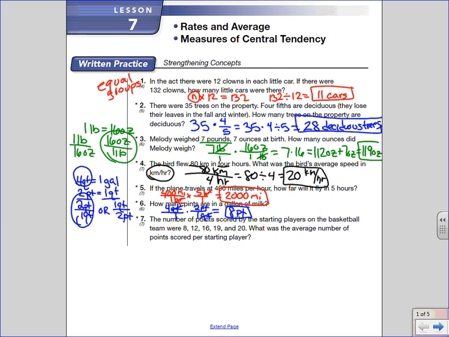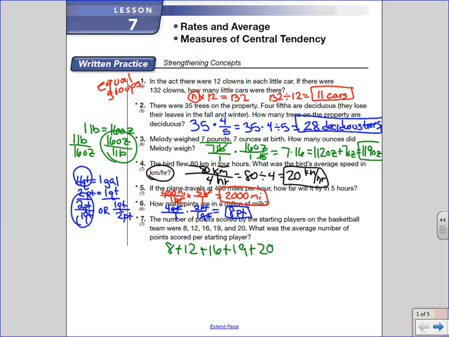The number of points scored by the starting players on a basketball team were 8, 12, 16, 19, and 20. What is the average number of points scored per starting player? Well, to find the average, you're going to add them up. So 8 plus 12 plus 16 plus 19 plus 20.